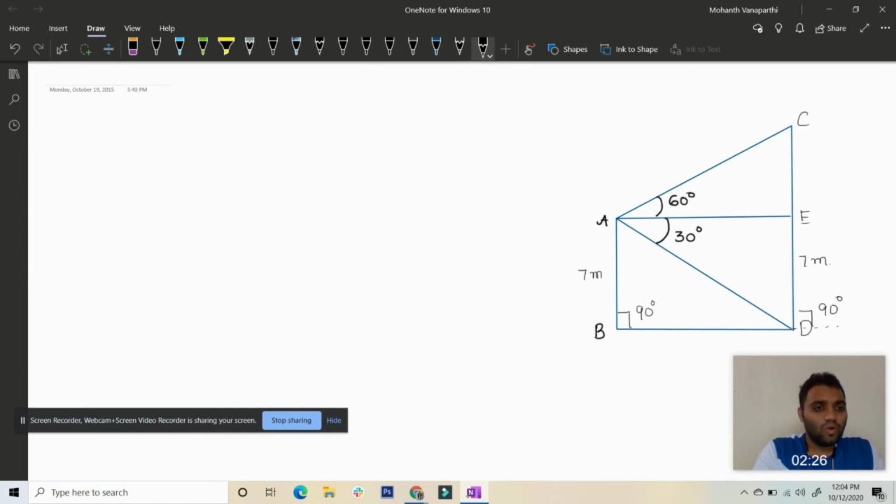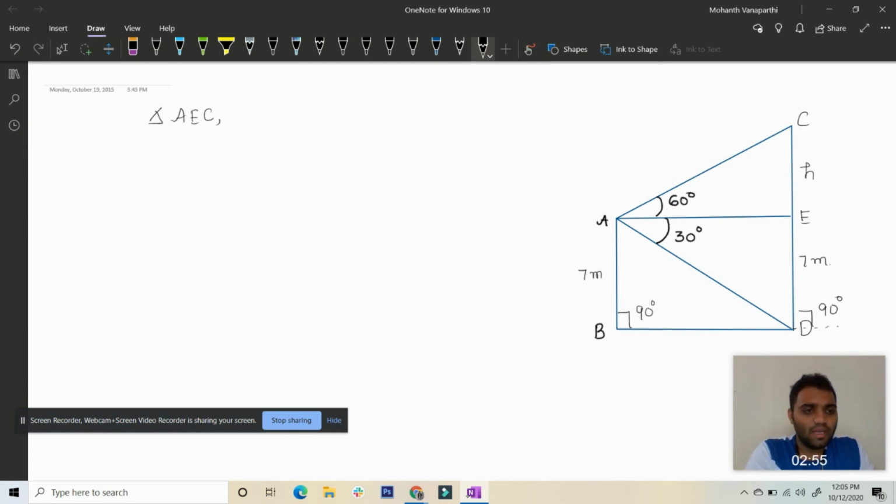Now I am splitting this total DC into CE and ED. I am assuming the length CE as H. Now I am taking triangle AEC and applying trigonometric ratio.